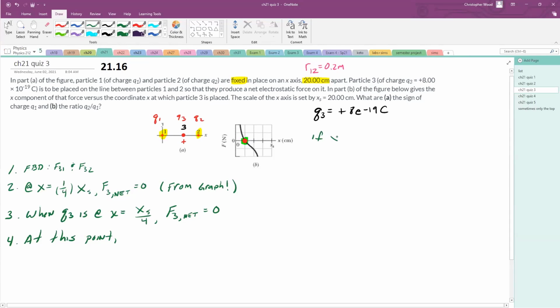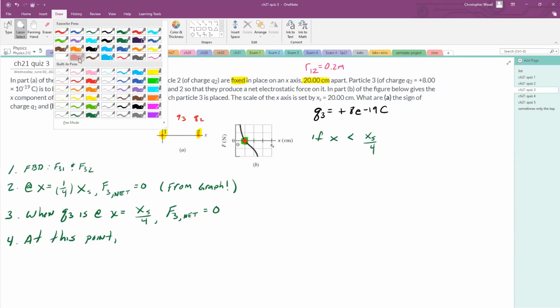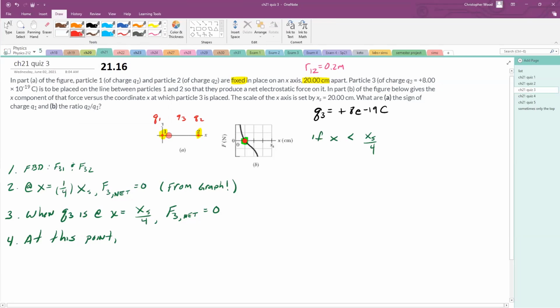If x is less than xs over 4, in other words, if particle 3 is moving closer to particle 1, let me just draw that right here.